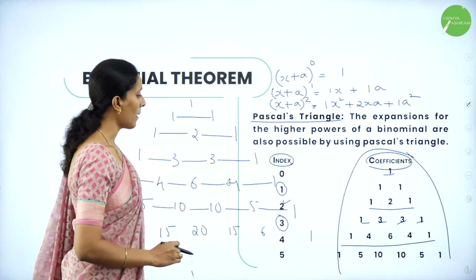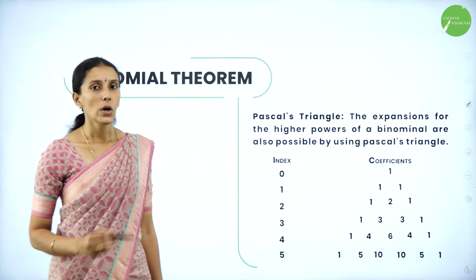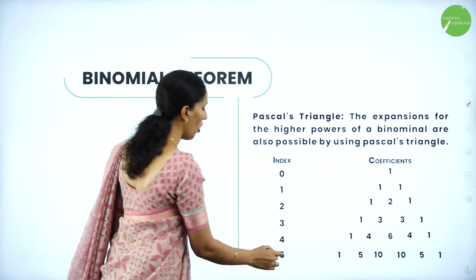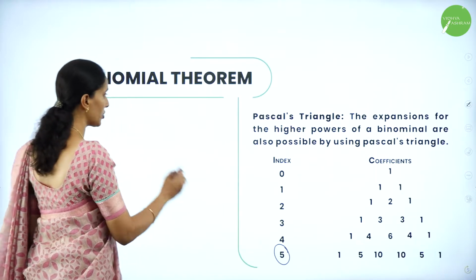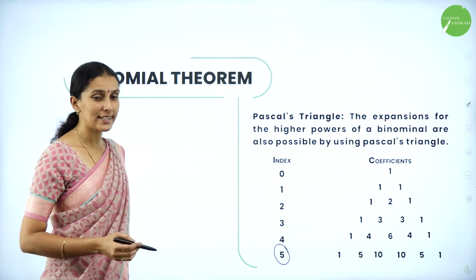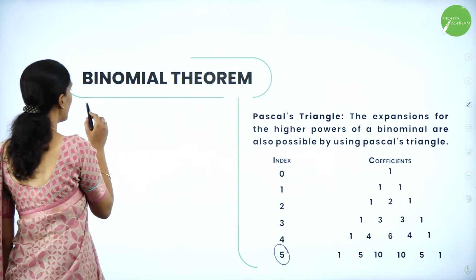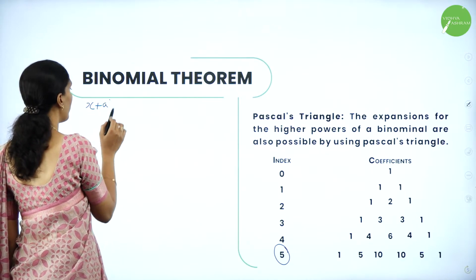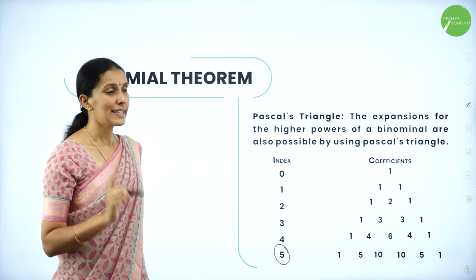I'll take an example of x plus a whole power 5. What must be the coefficients and how can I write easily without multiplying the terms x plus a? If it is x plus a whole power 5, how many terms should it contain? It should contain 6 terms.